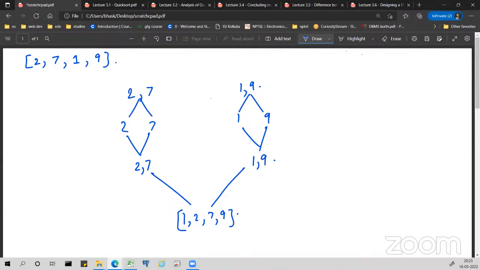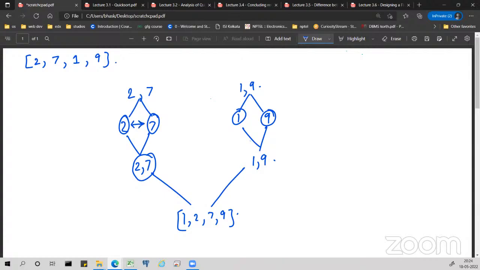Okay, so can you think how many recursive steps it took to break this? I mean, how many times? So you are going up to the bottom for a simple small array. You are going up to the bottom for so many recursive calls. You break it up into 2, 7, here 1, 9. Again another recursive call and then merge call to do this 2, 7, which was already sorted.